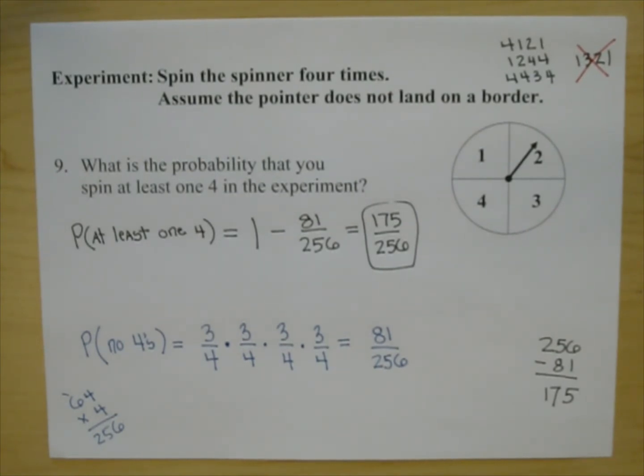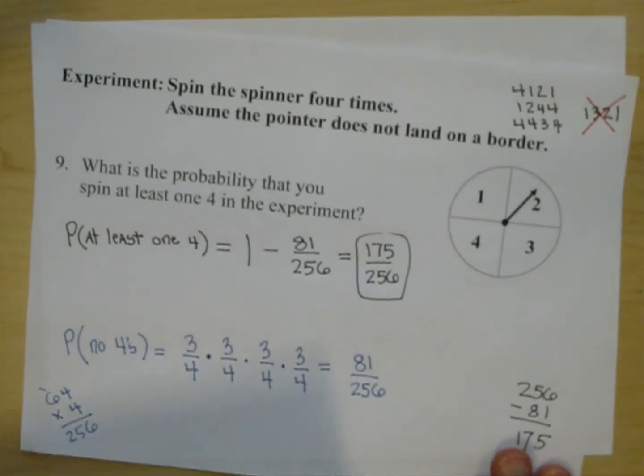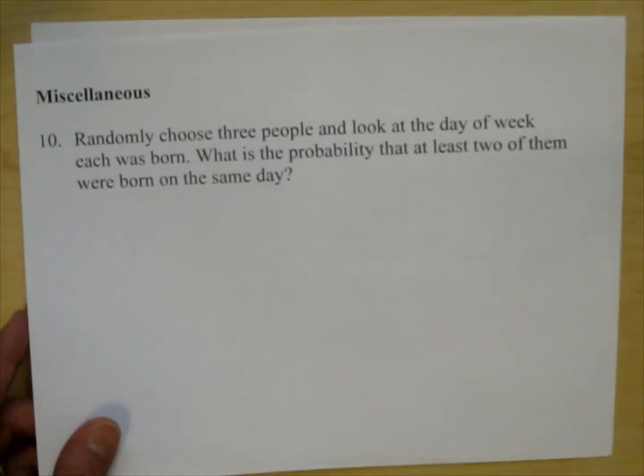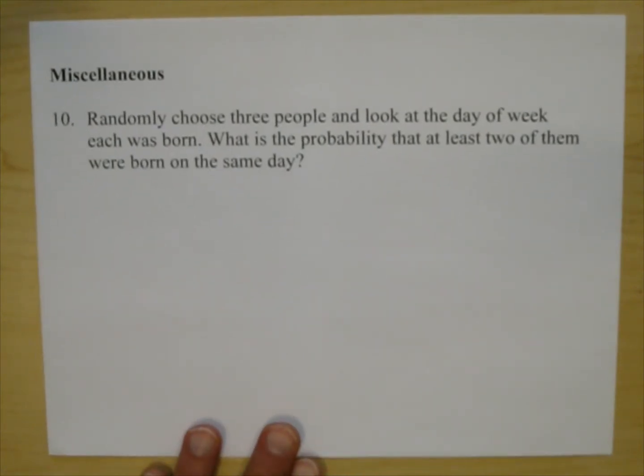Now we're going to do a problem that is getting us ready for the birthday paradox. Randomly choose 3 people and look at the day of the week each was born. What is the probability at least 2 of them were born on the same day?